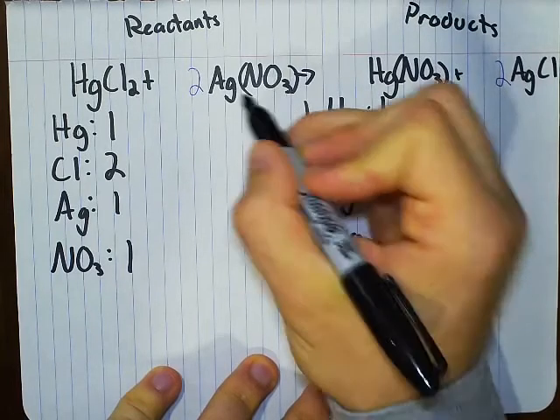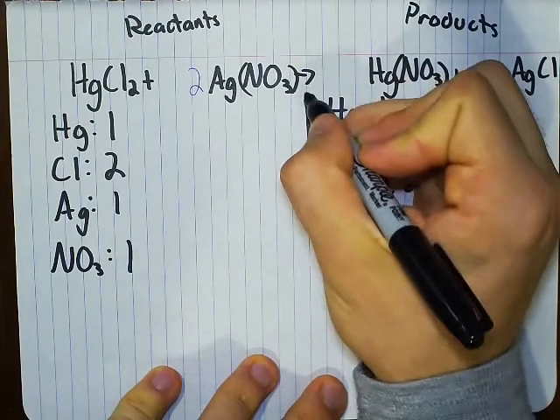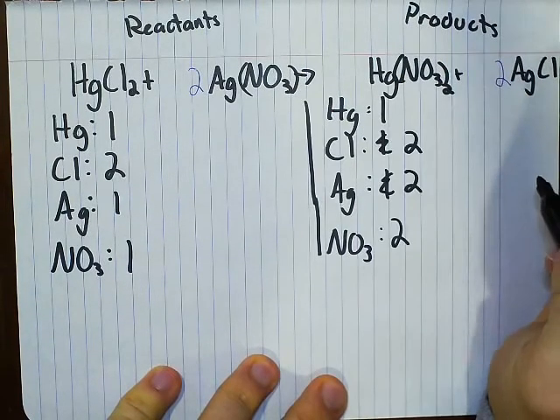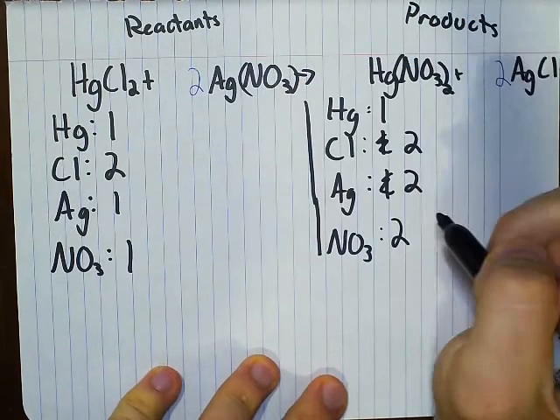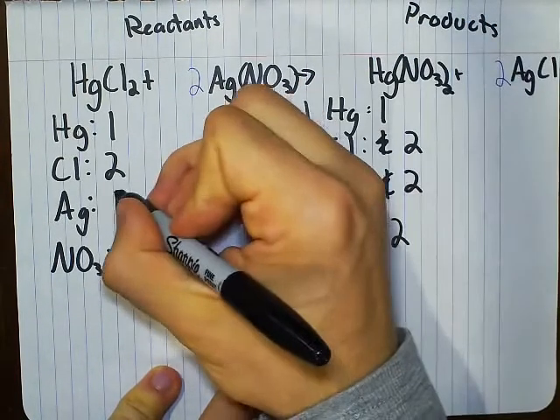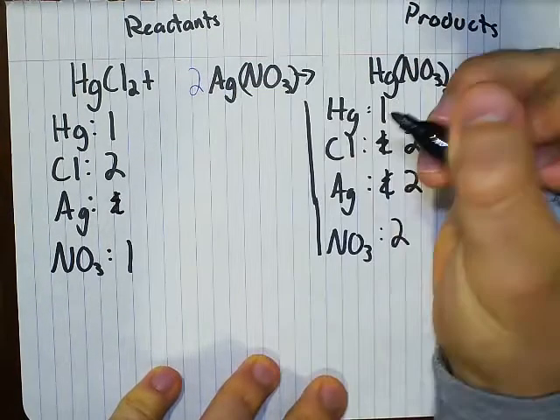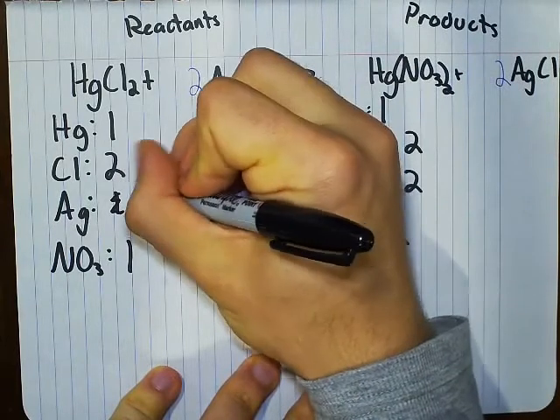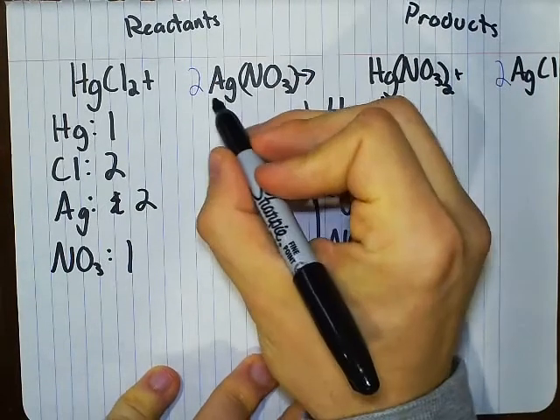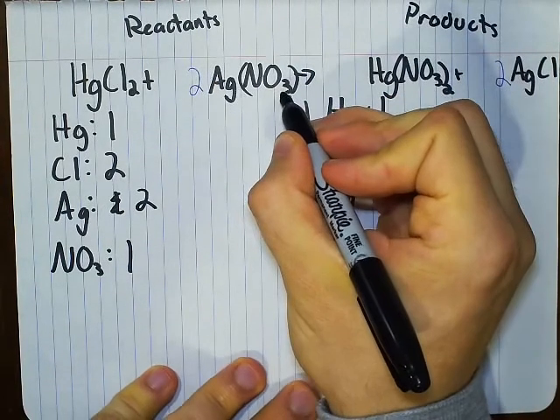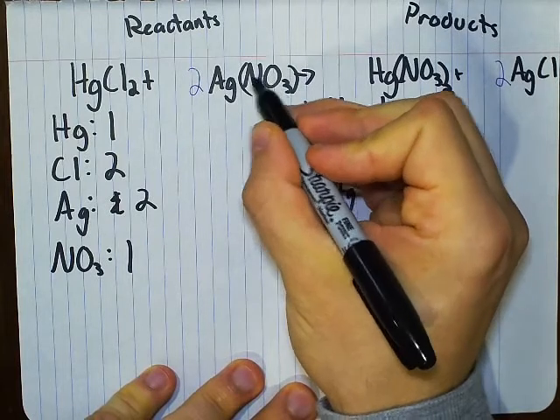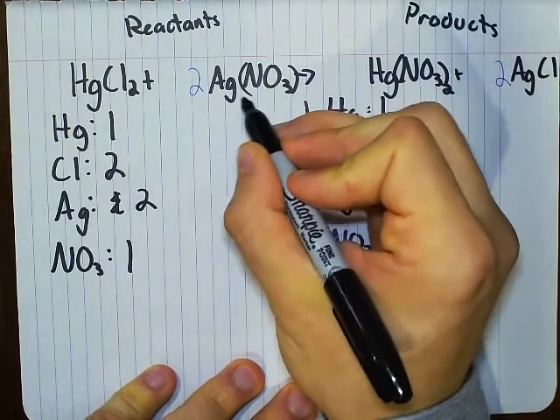So in my silver nitrate, I've got 1 atom of silver and 1 ion of nitrate. Remember, we're treating that nitrate as its own thing. So I can increase my silver count to 2. But I've also got to increase my nitrate count to 2 as well.